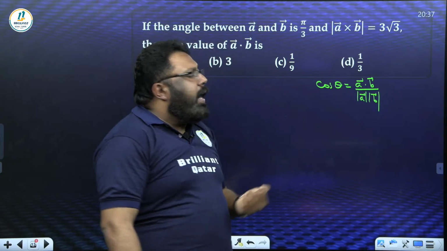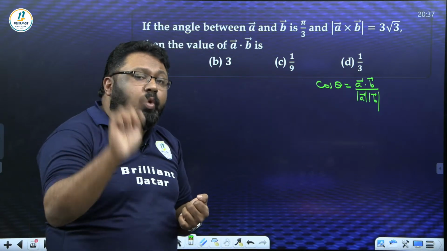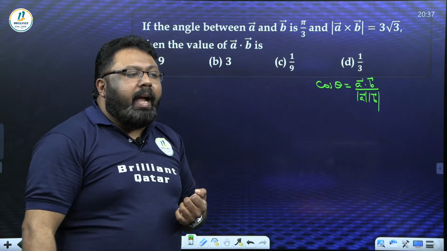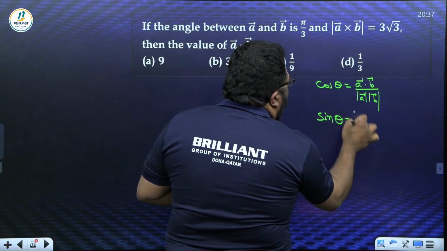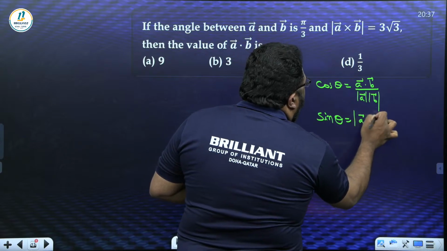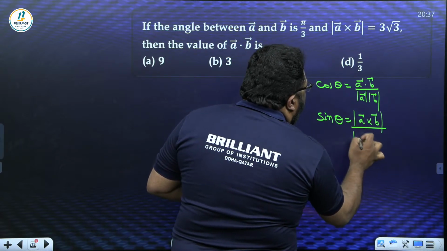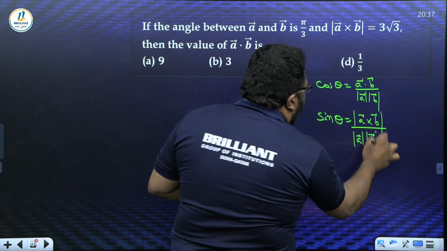I don't have magnitude A, magnitude B either, but we do have a second formula to find the angle between two vectors: sine theta is equal to magnitude of A cross B divided by magnitude A, magnitude B.